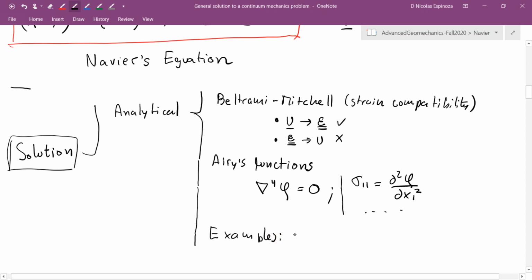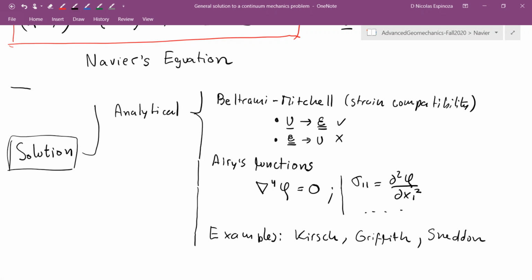And those examples are going to be the Kirsch solution for computing stresses around wellbores, the Griffith solution for calculating stresses around a linear fracture, and also we're going to see the Sneddon solution for calculating the stress field around the fracture.